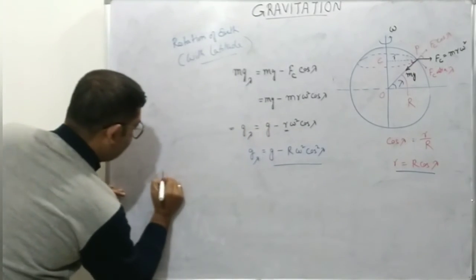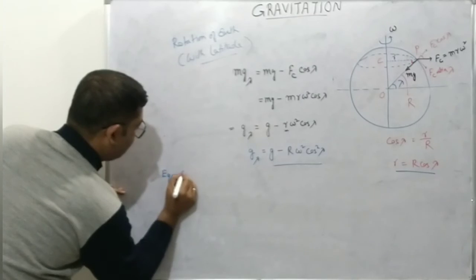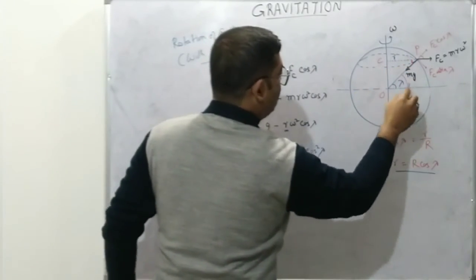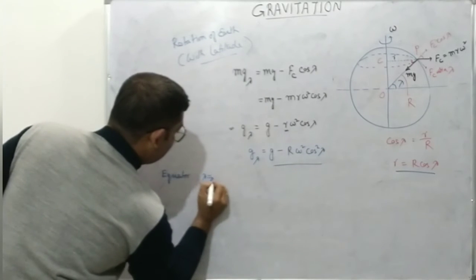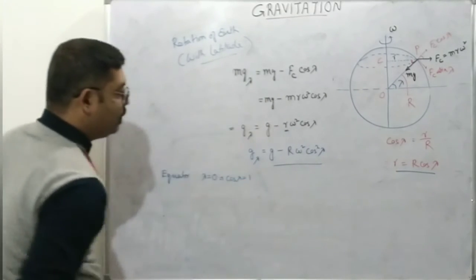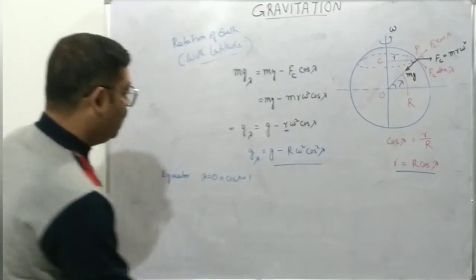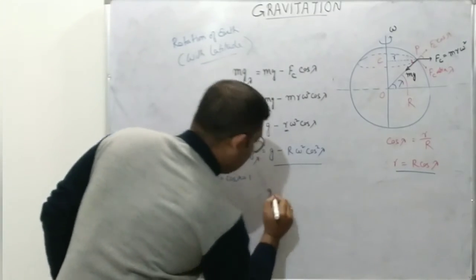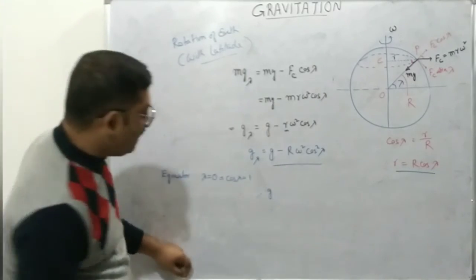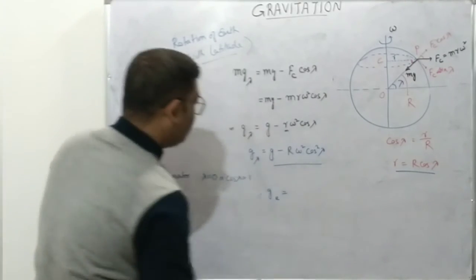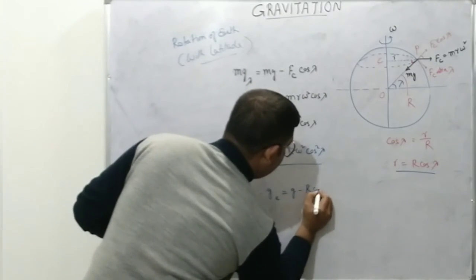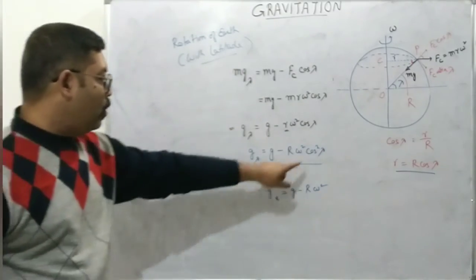So for the equator, the lambda will be equal to 0, implying cos lambda will be equal to 1. Therefore, acceleration due to gravity at the equator must be equal to g minus R omega squared, as cos squared lambda is 1.